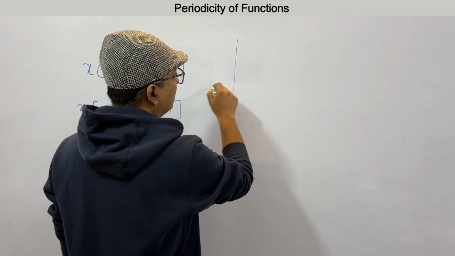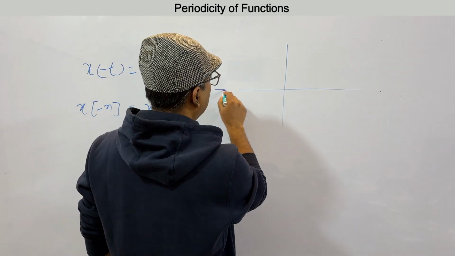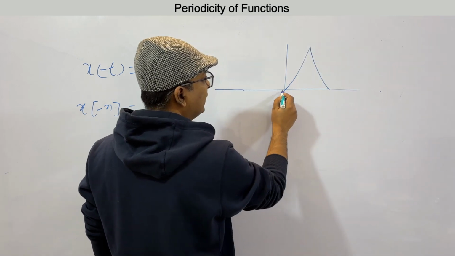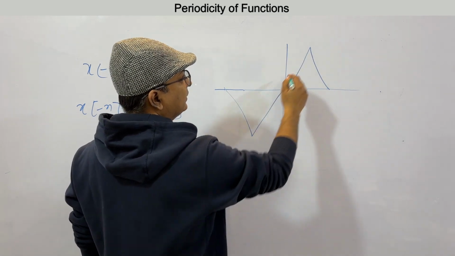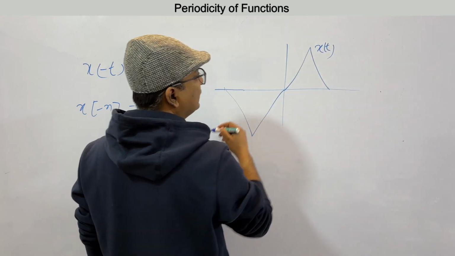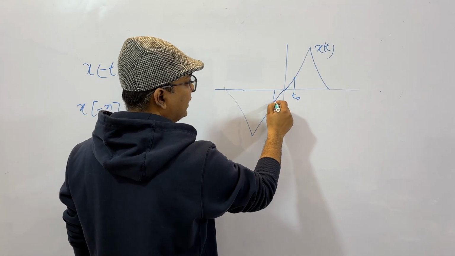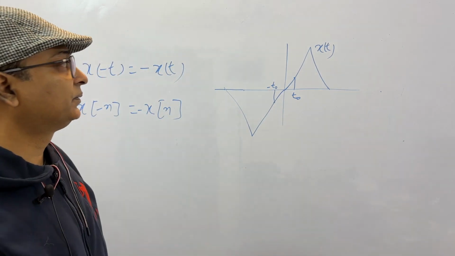So in graph, how can we say? Graphically we'll understand like this. If this is our signal, here we'll have this one, like, see, inversion. This is x(t). Okay, so at t equal to t0, the value we will have is exactly minus of this value at minus t0.